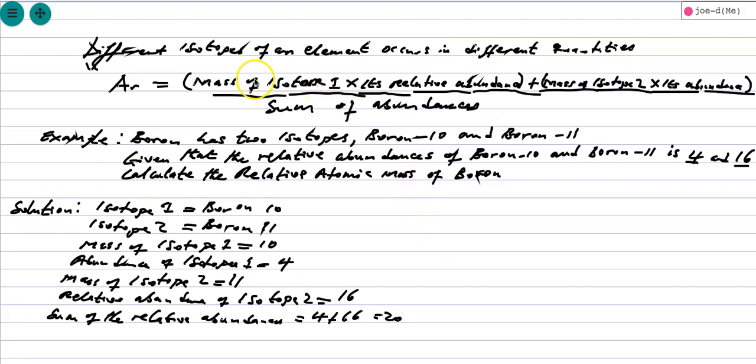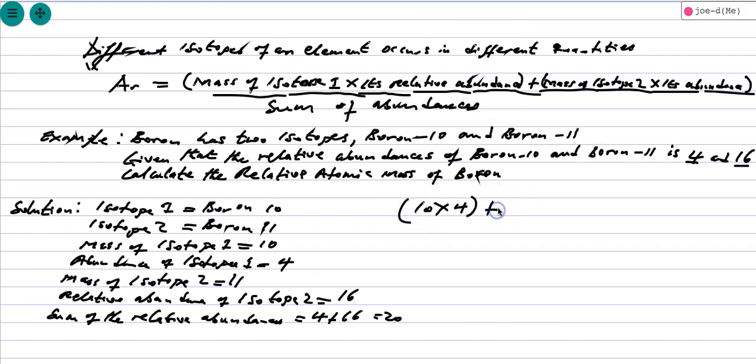Our equation is mass of isotope 1 times its relative abundance. We said the mass of isotope 1 is 10, so we have 10 times its relative abundance, which is 4.